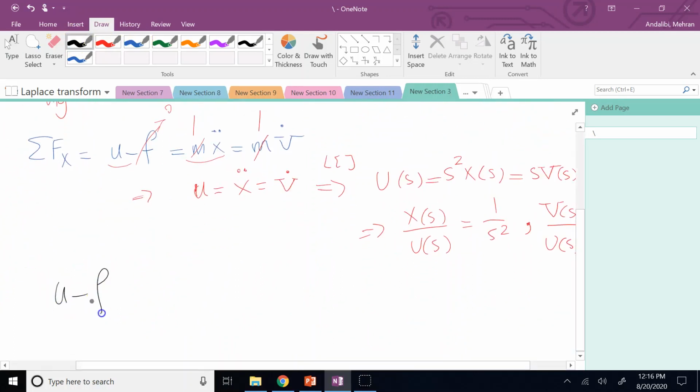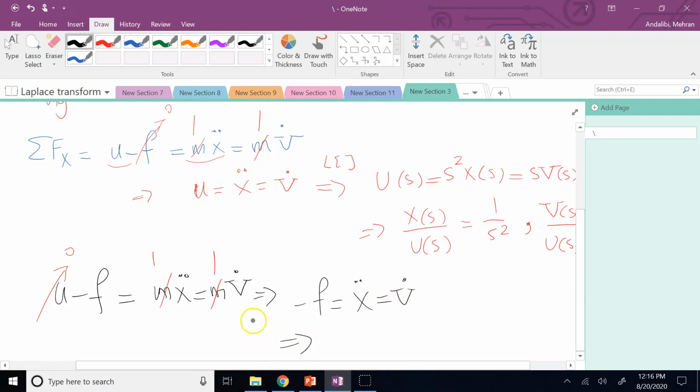So I write it again. M is 1. This time I set u to 0 because I'm interested in f. Your governing equation is negative f equals x double dot equals v dot. If I take Laplace, I'll find negative f of s equals s squared x of s and equals s times v of s.